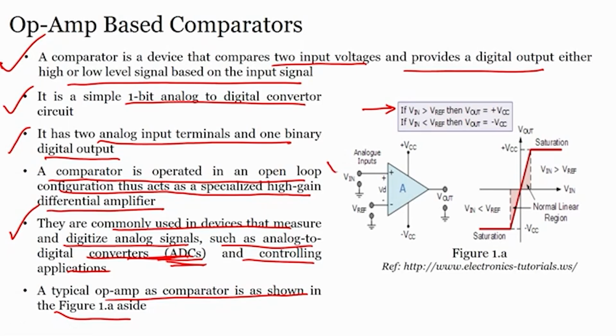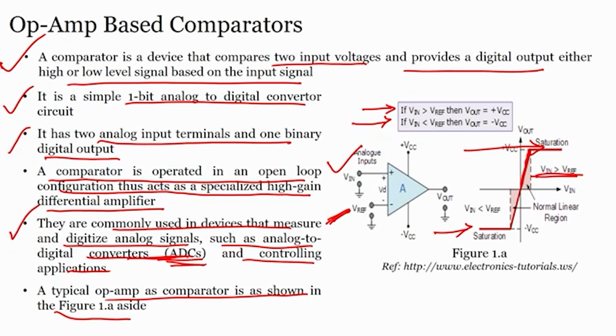When this voltage is higher than this voltage, your V out gets VCC. Second case, when V in is less than V reference, V out goes to minus VCC.